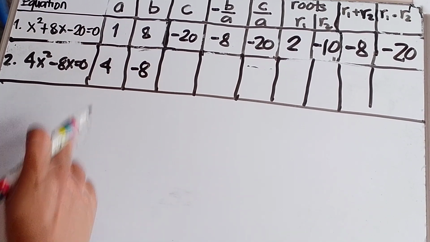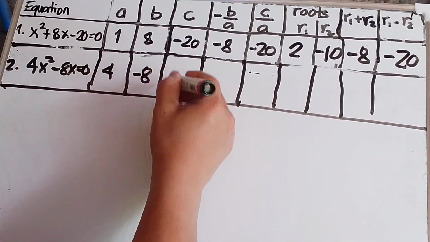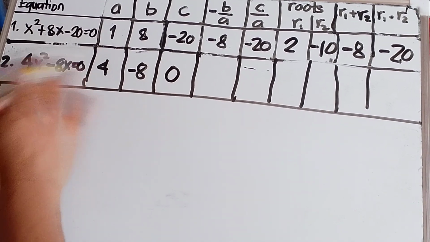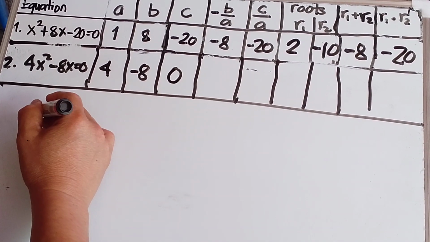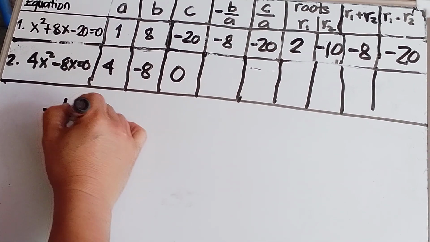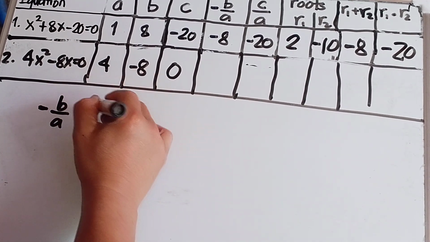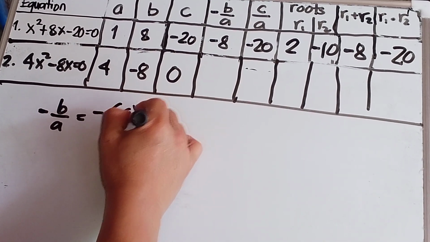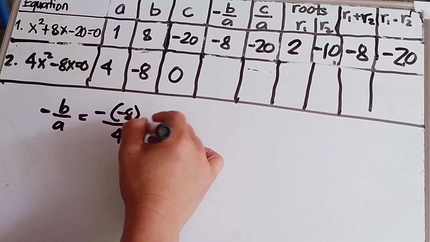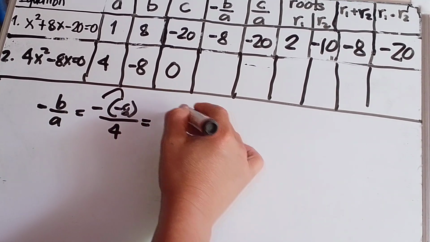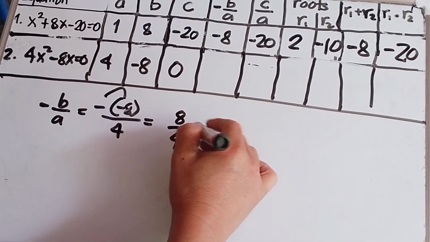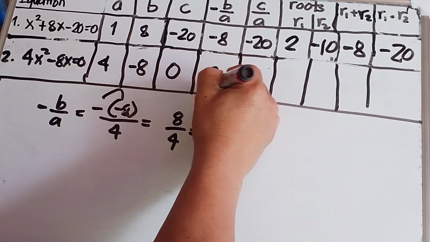Now the problem is we don't have c, so we just write 0 because there is no c. Then compute negative b over a. So negative negative 8 over 4. Negative times negative will be positive. So this will be 8 over 4. And this is equal to positive 2.